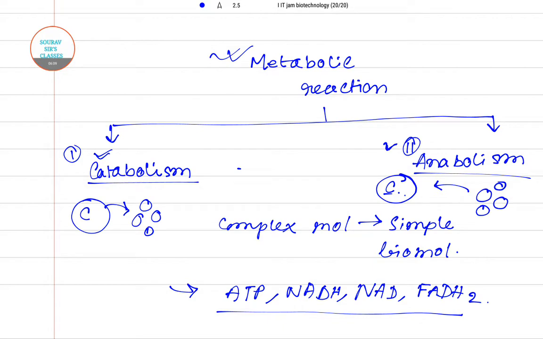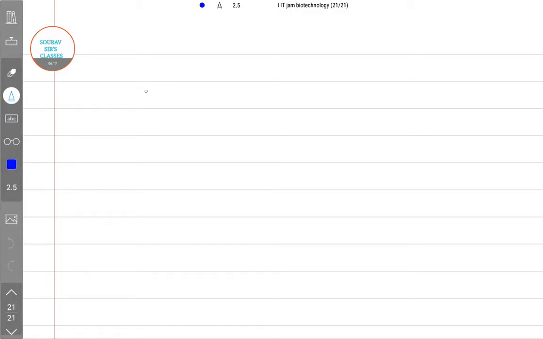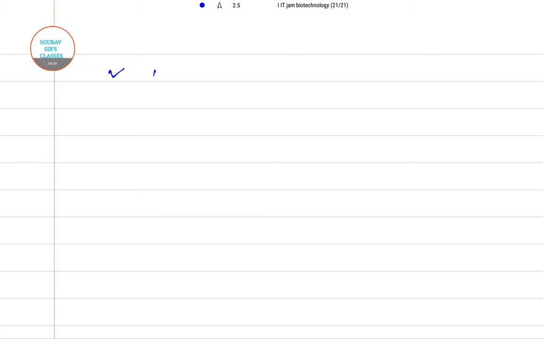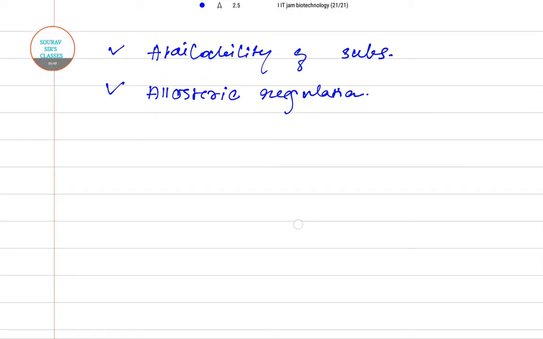And the metabolic pathways are regulated in different ways, such as the availability of substrate. The second is allosteric regulation by the metabolic intermediate or coenzyme.